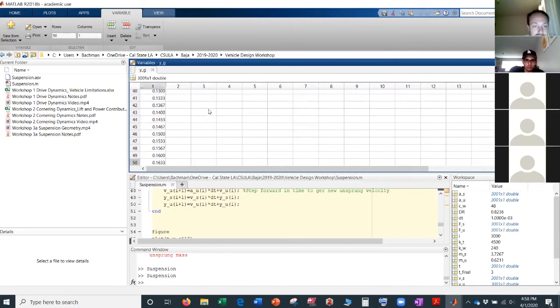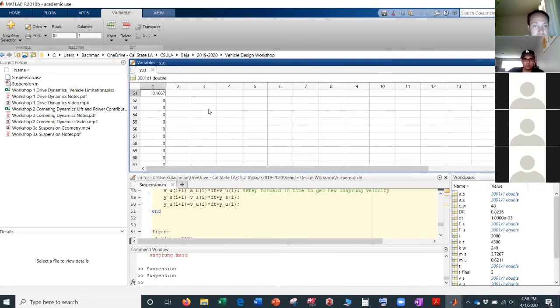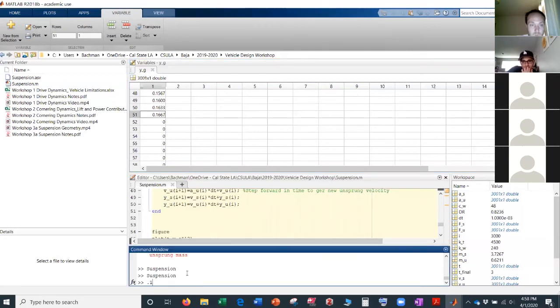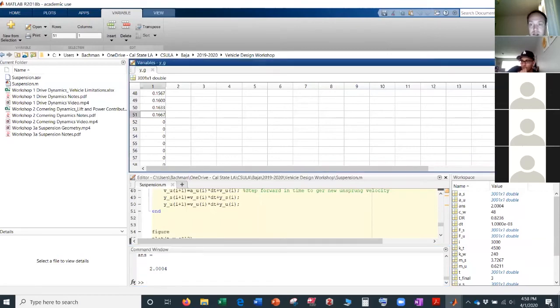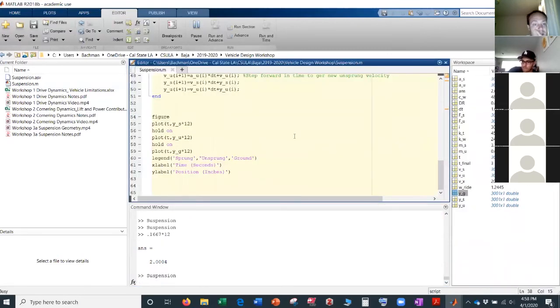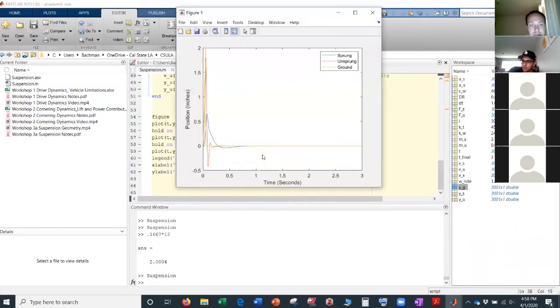It should basically go up to 0.1667. So what's 0.1667 times 12? 2 inches. Oh, okay, yeah, so it goes up to 2 inches. Okay, that worked. I forgot, it's going to go 2 inches over a foot.